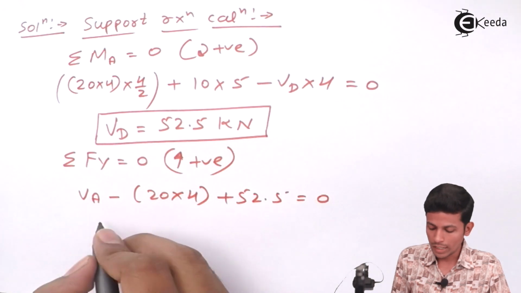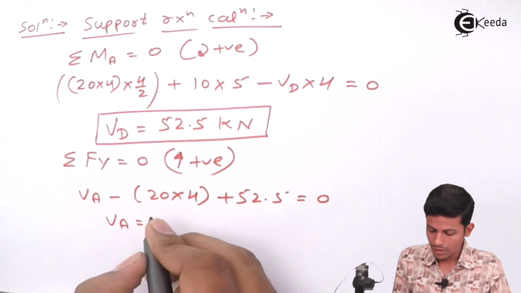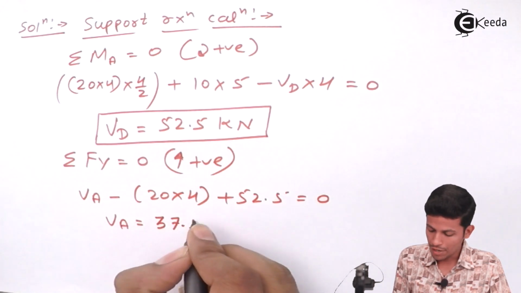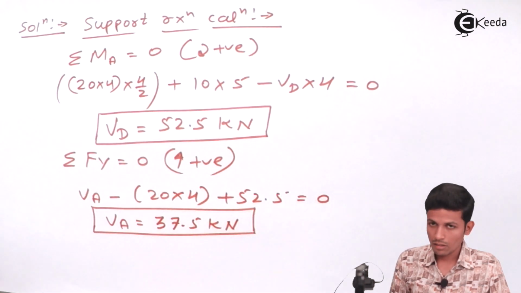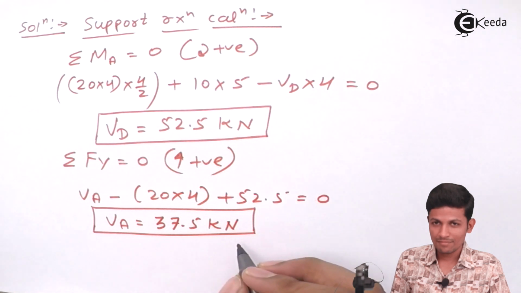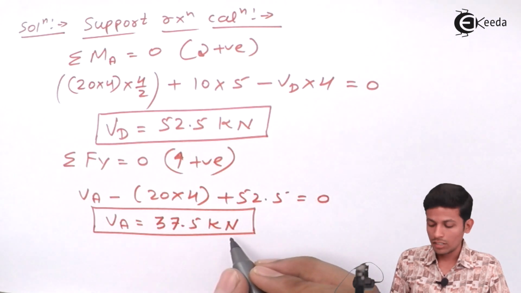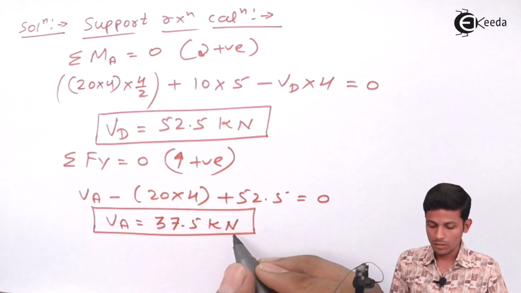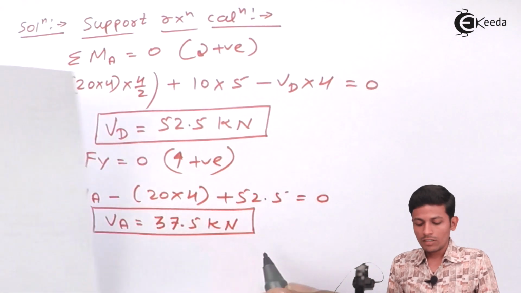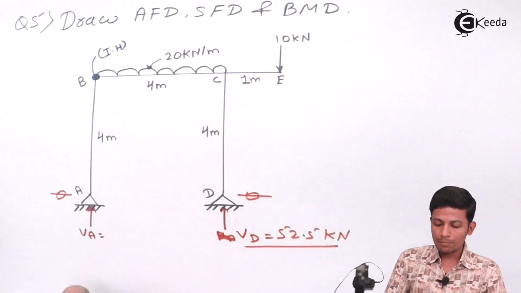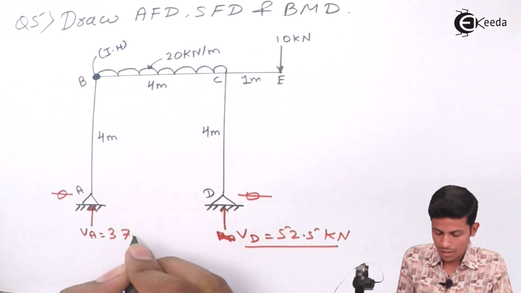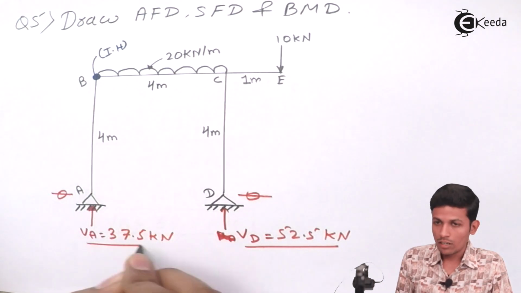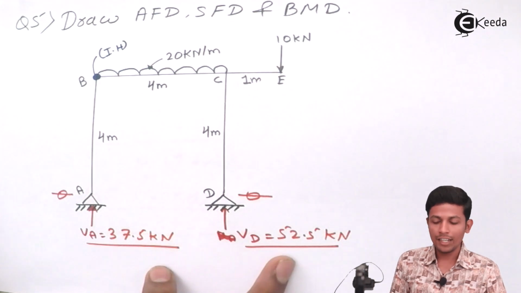While solving this, you get the value of VA will be 37.5 kilonewton. Okay, now we are done with this part. We have found the reactions, 37.5 kilonewton. Now we are done with VA and VD.